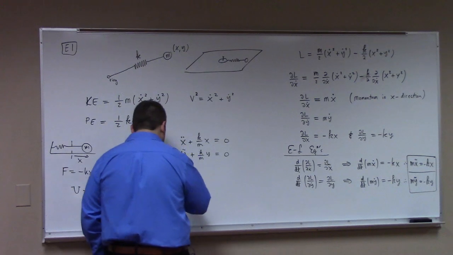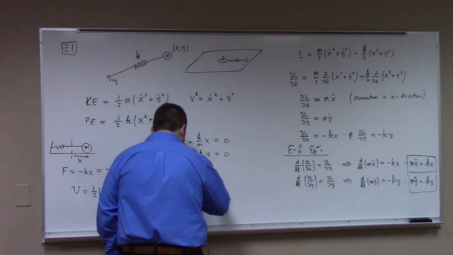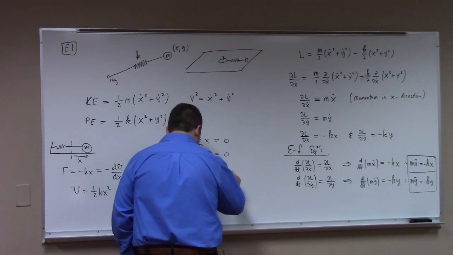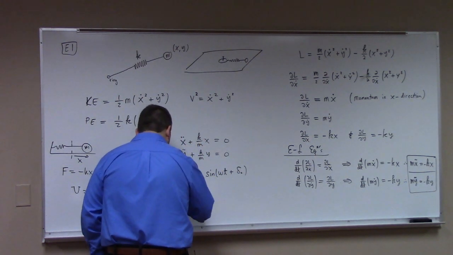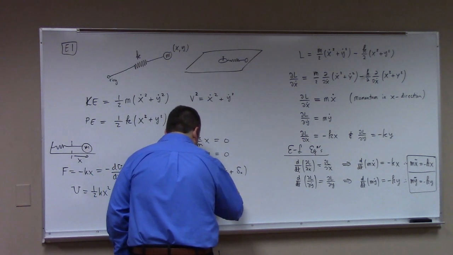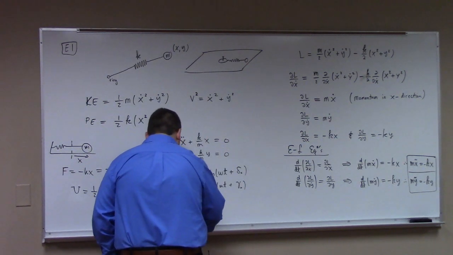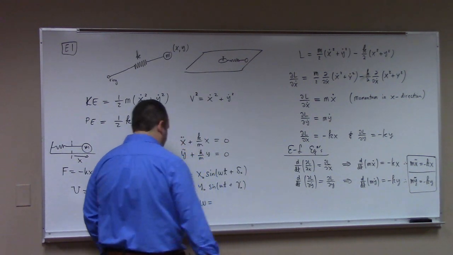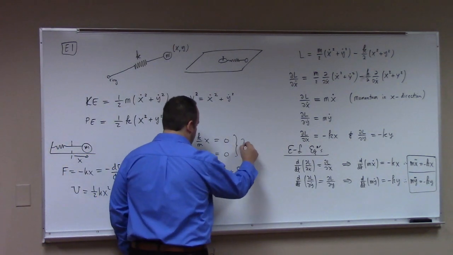The solution to this is x of t equals x naught sine of (omega t plus a phase angle), and y of t equals y naught sine of (omega t plus some other phase angle), where omega is what? See, these both have the same characteristic equation.